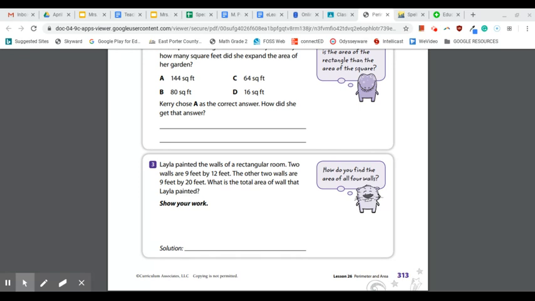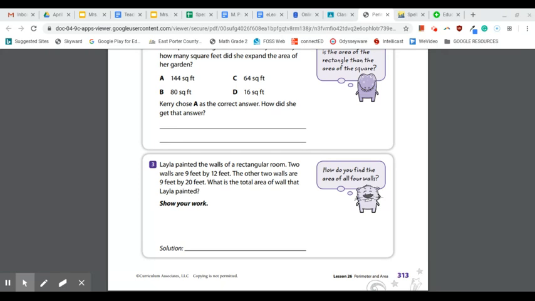So let's multiply to find this area first. 12 times 9 is 108. Okay, and if I have 2 108 walls, that's going to give me 216. Then over here, 20 times 9 is 180.